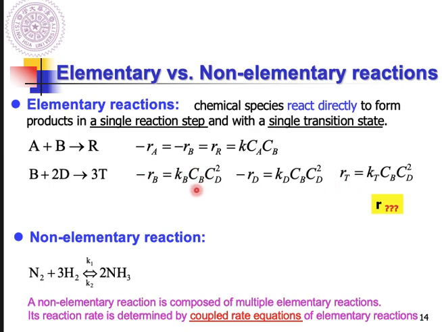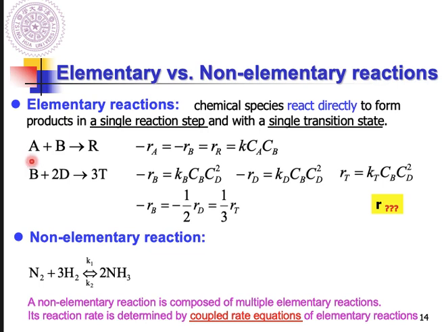Interestingly, you observe the concentration part for these three is identical, the same, right? The only difference is K_B, K_D, and K_T, and also R_B, R_D, and R_T will be different. Why? Because you assume 1B reacts with 2D and generates 3T. So R_B, R_D, and R_T will be different, and they have this type of relationship.